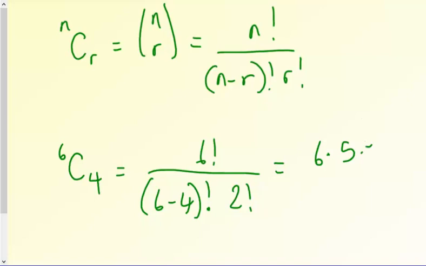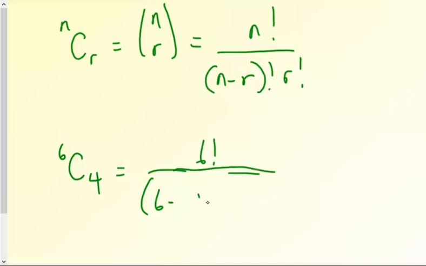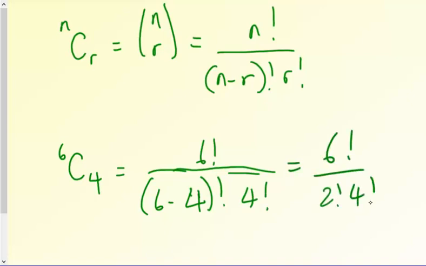I've just gone wrong there, haven't I? Let's correct that. So we've got 6 factorial over 2 factorial, 4 factorial. This is the bit that's going to cancel out. So we're going to have 6 times 5 over 2, which should be 15.